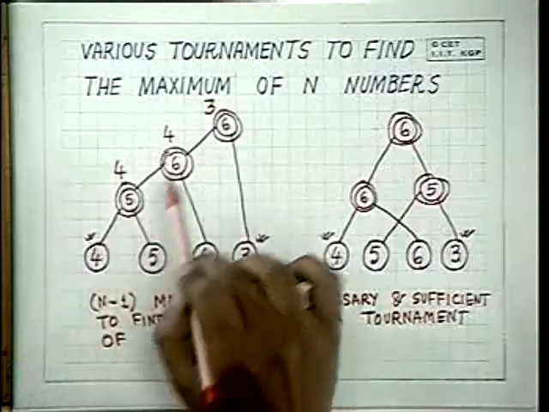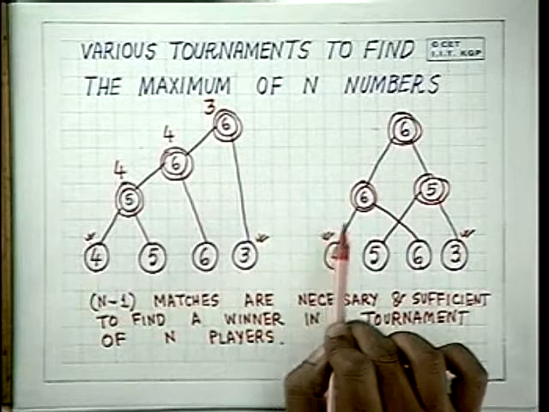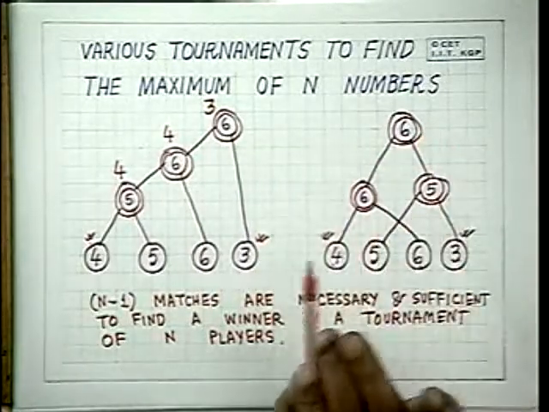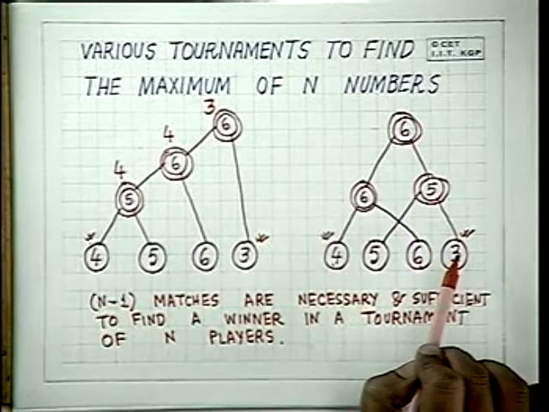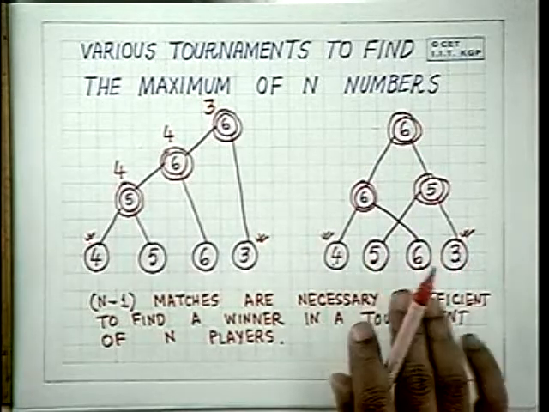It has to be among those people who have lost their first match. So when finding the maximum through a tournament, the winner will have to defeat everybody in some way or the other. But the minimum can be found among the losers who have lost their first match only.